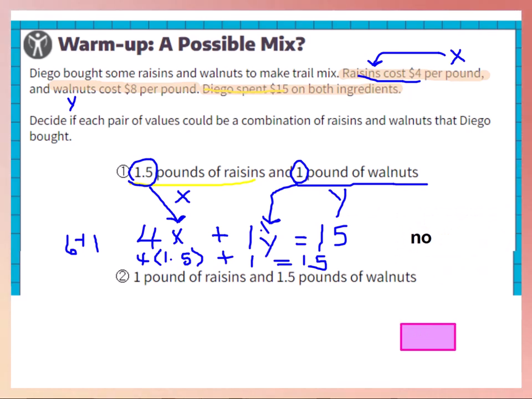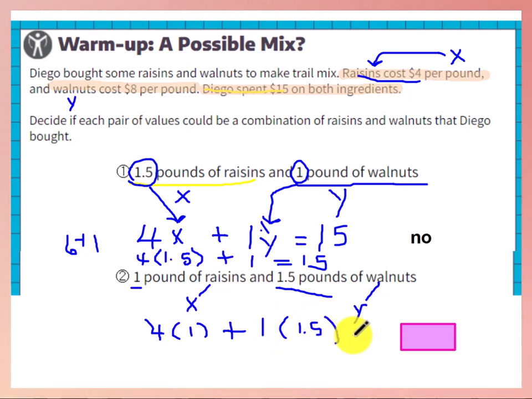Now we're going to try this out for 1 pound of raisins and 1.5 pounds of walnuts. So remember, the number of pounds of raisins, we're using X. The number of pounds of walnuts, we're using Y. All right, so 4 times 1 plus 8 times 1.5.